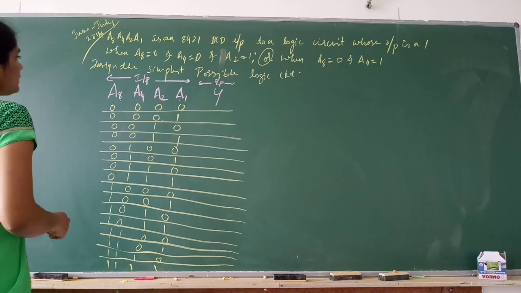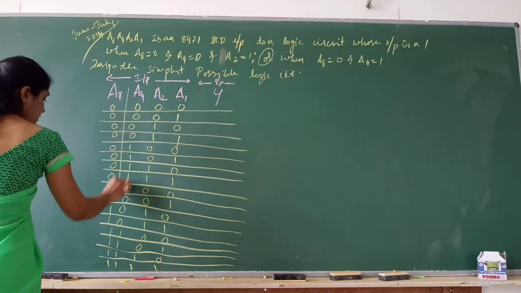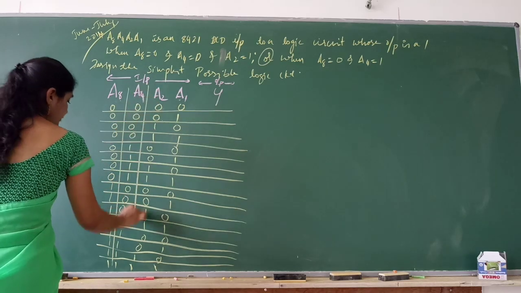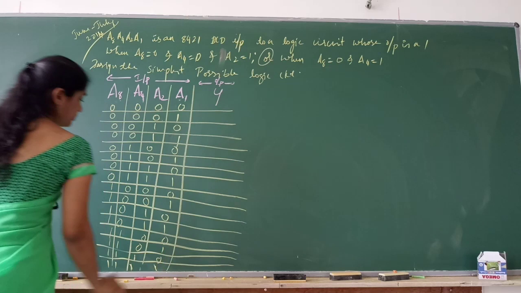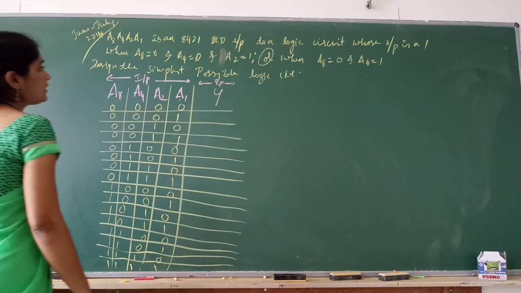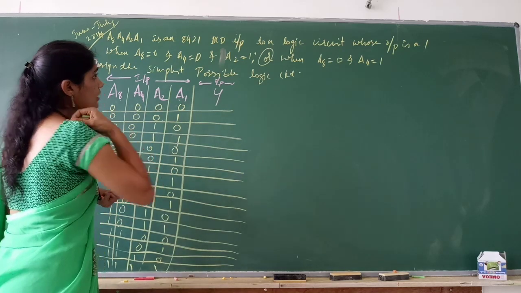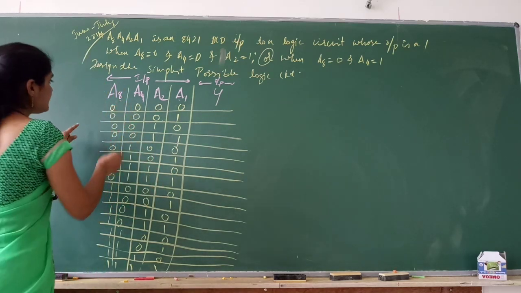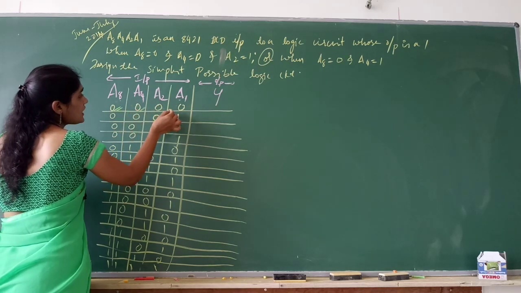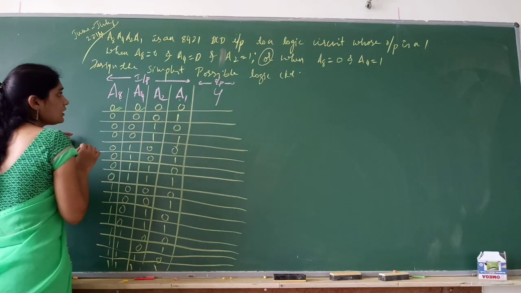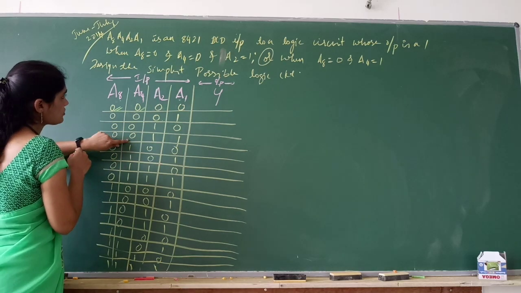So now we have decided the number of inputs and number of outputs for the circuit, and we have written all the possible combinations for the circuit, for input combinations for the circuit. Now when will the output be equal to 1? Look at the condition they have given. Output is 1 when A8 is 0, A4 is 0 and A2 is 1. Look for these combinations where we have A8 0, A4 0, A2 1.